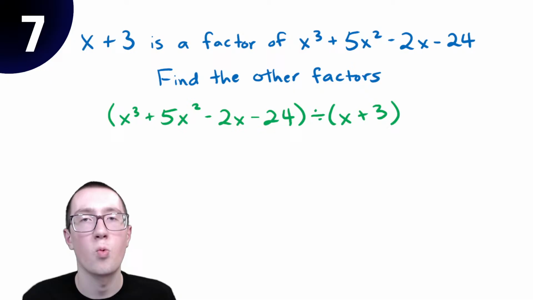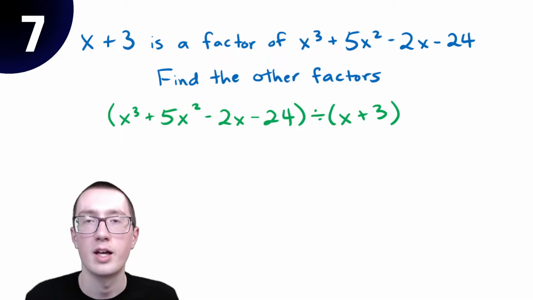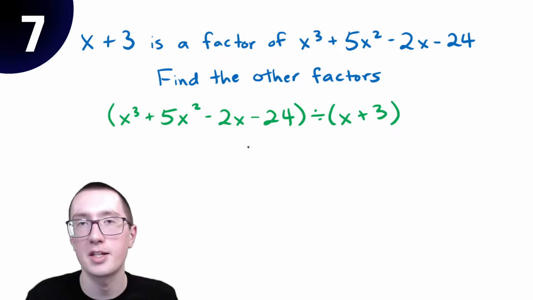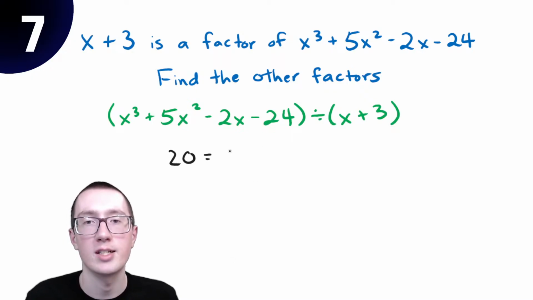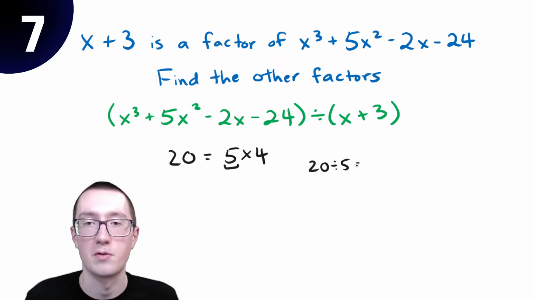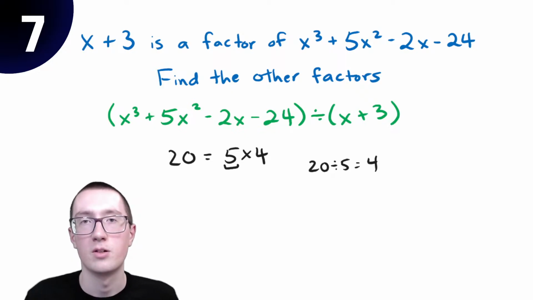We divide out one thing that we know is a factor, and this is actually what we would do with normal numbers. I know it seems weird that we're dividing, but think of it like this. The two factors of 20 are 5 and 4, because 5 times 4 is 20. If we knew that 5 was a factor, then to find the other one, which is 4, we would just divide 20 by 5, which is 4. So dividing is how you find other factors.